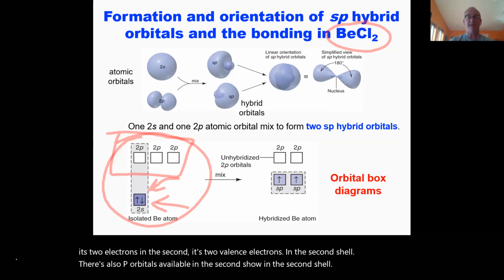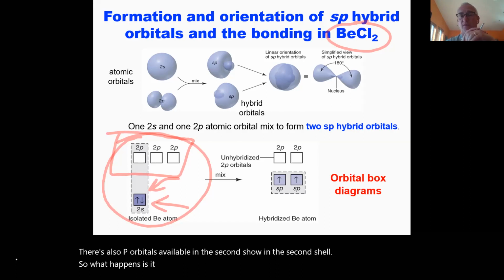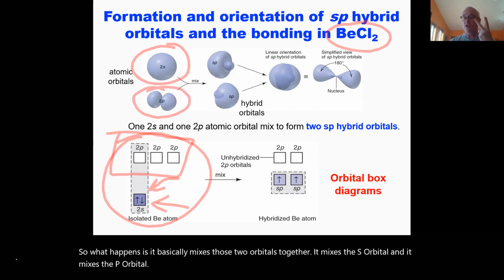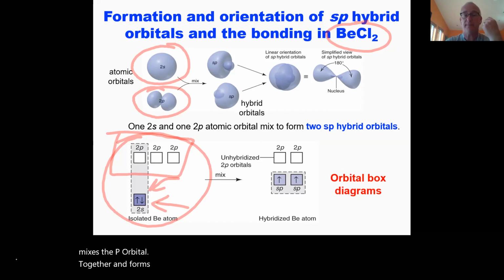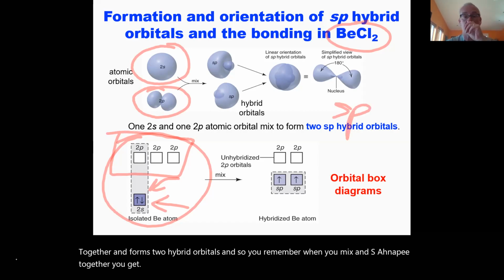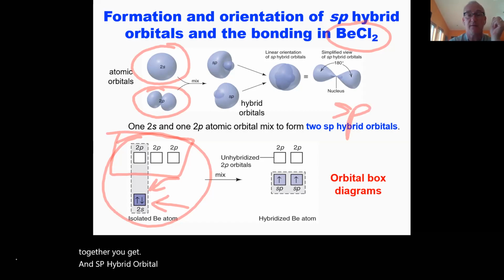So it mixes the s orbital and the p orbital together and forms 2 hybrid orbitals. And you remember, when you mix an s and a p together, you get an sp hybrid orbital. And this is what it looks like.